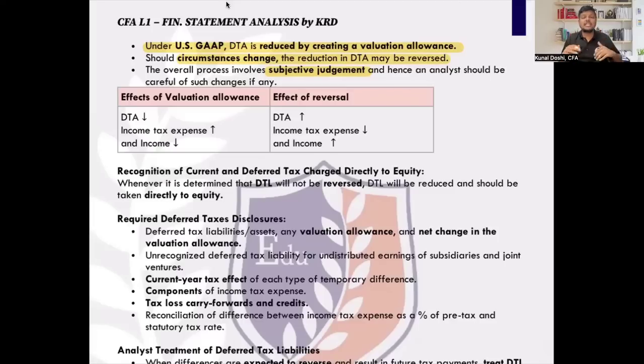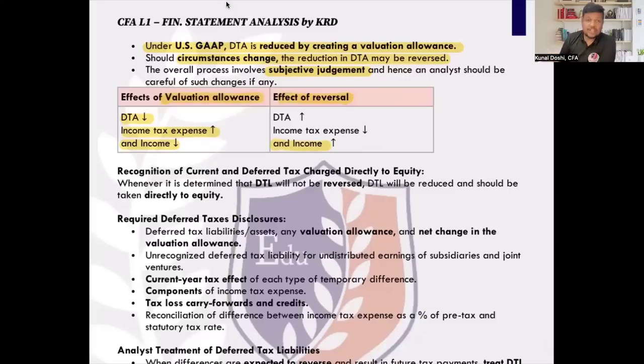Sometimes companies deliberately do the valuation allowance. Why? Because not only will the asset value go down, but your income will go down. Because your expenses will be higher, your income will go down. If your income goes down, you pay less taxes. So sometimes managements deliberately do that so that they pay less taxes now, and later on they can show higher profit when they reverse it.